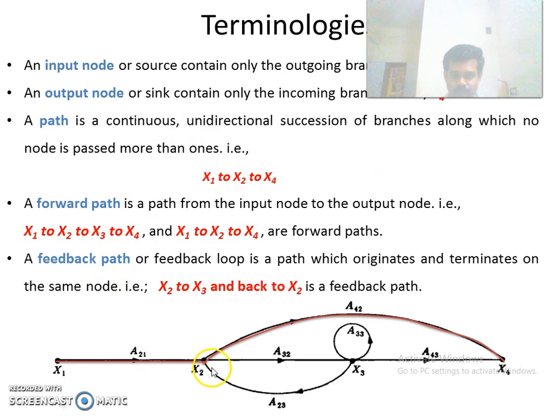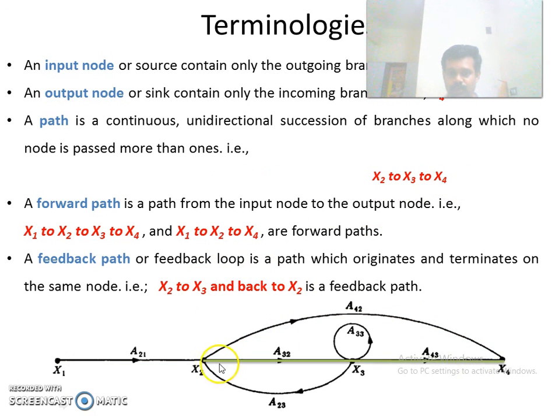Next path is x2 to x3 to x4. Okay, this is a next path. Now this is path. What is path? Path is a continuous unidirectional succession of branches along which no node is passed more than once. Please check here, when it is passing from x2 to x4, it is crossing through the x3 node only once.